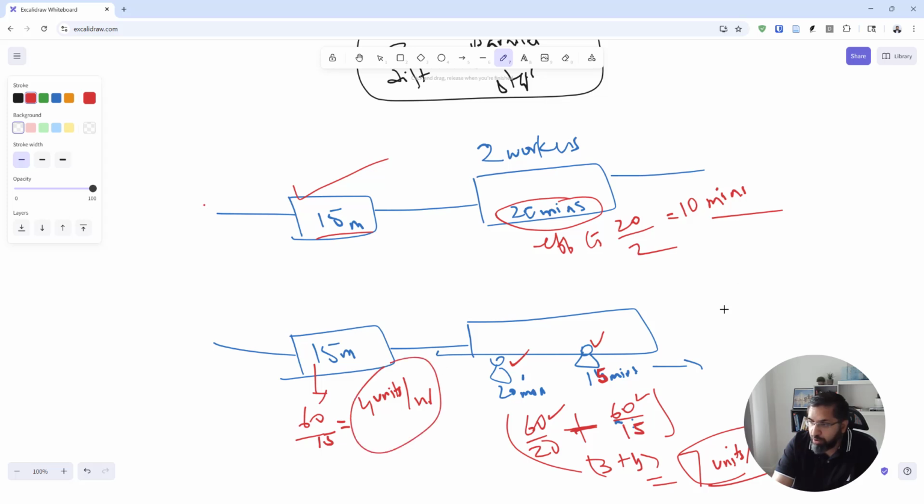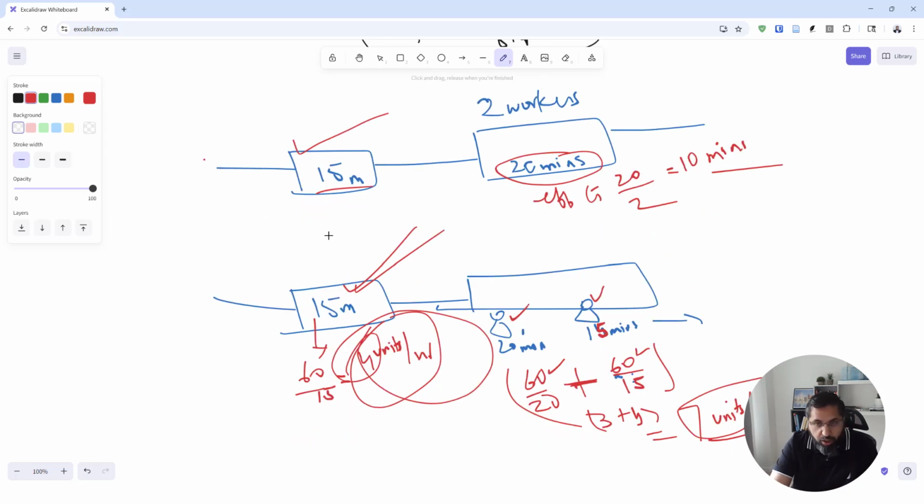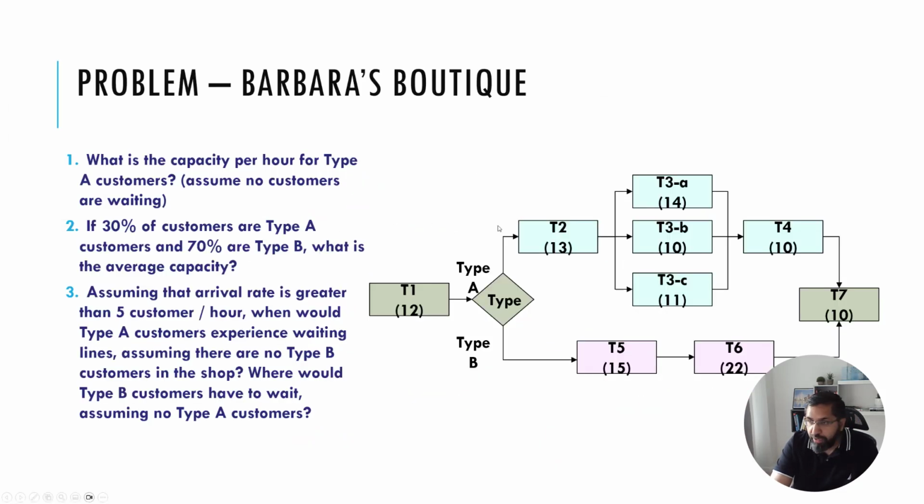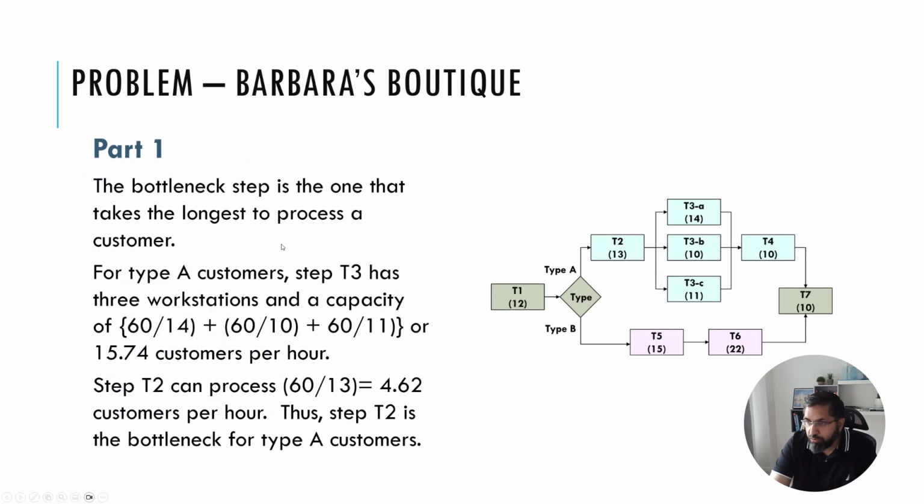Here is 4 units per hour. So this is the bottleneck because the lowest capacity one has to be the bottleneck. So that's the logic we're going to follow here. If you add up the capacities, you'll see that this capacity is very high, and the bottleneck, I believe, is going to be step T2.